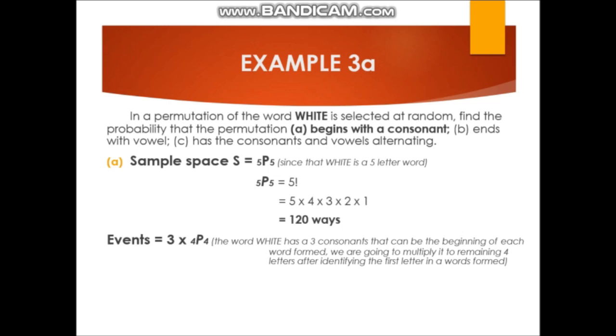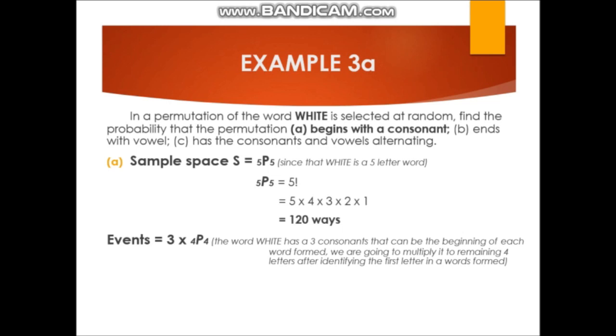That is the reason why ang ginawa natin sa solution sa number of events is 3 times 4P4. Bakit po ganyan yung solution? Meron tayong tatlong letter na pwedeng pagpilian as a beginning letter of each arrangement. Now, bakit natin siya i-multiply sa 4P4?